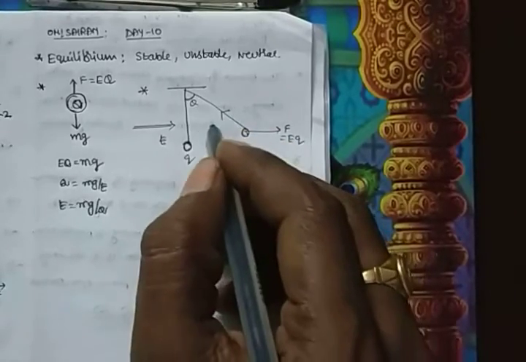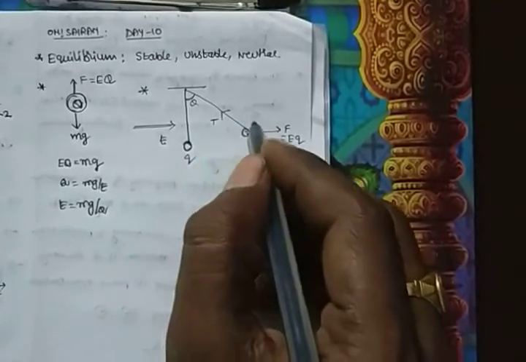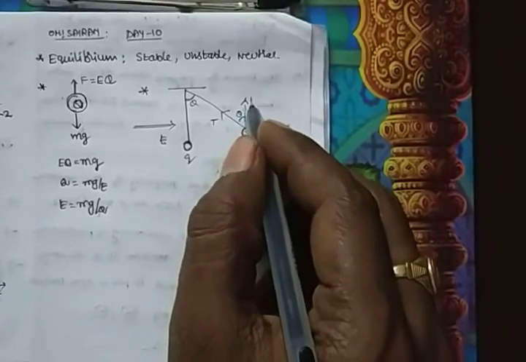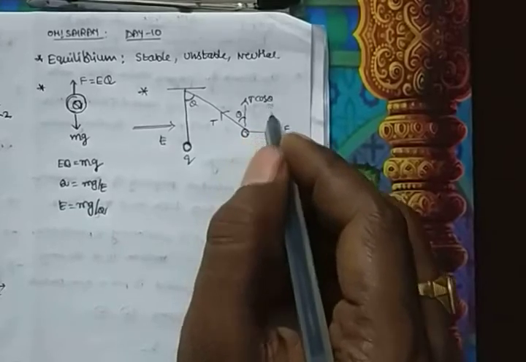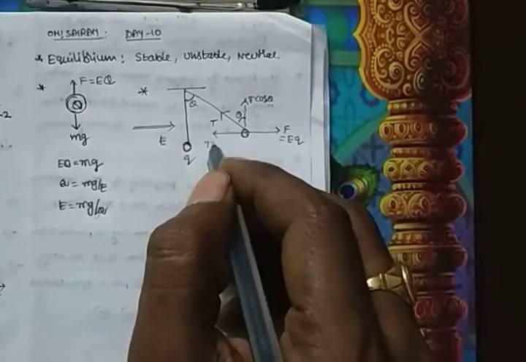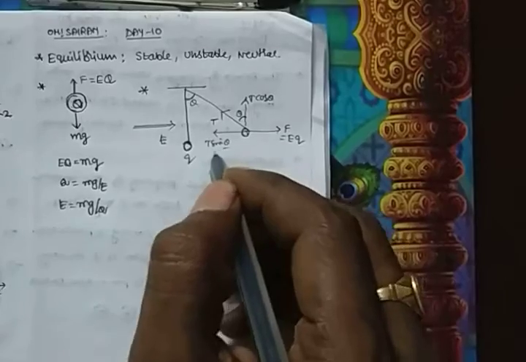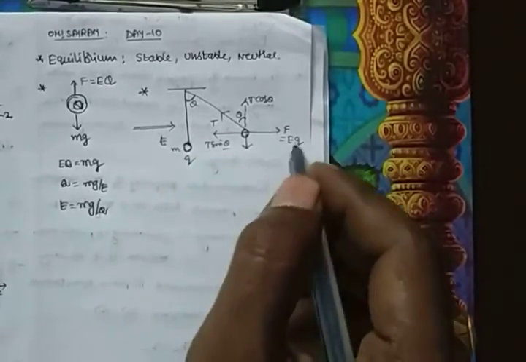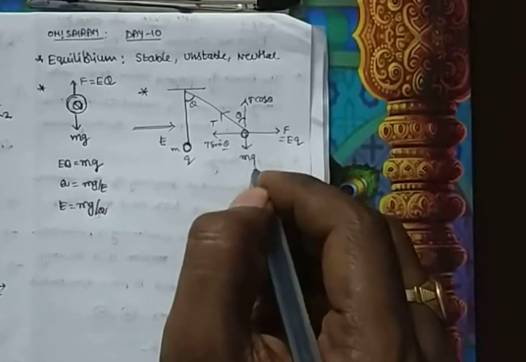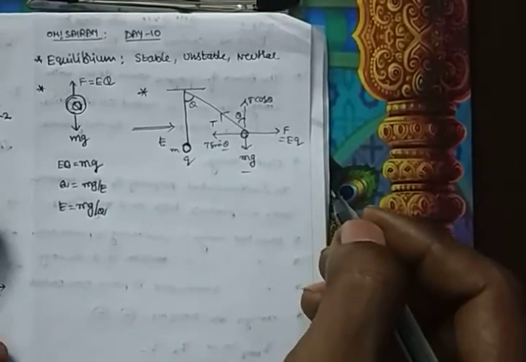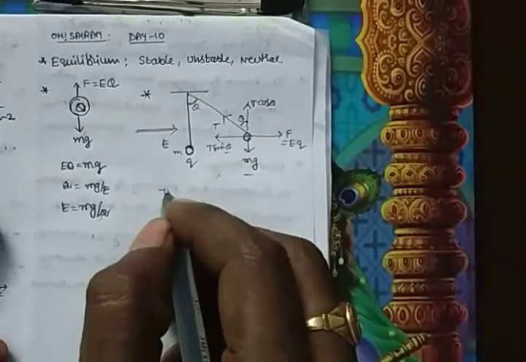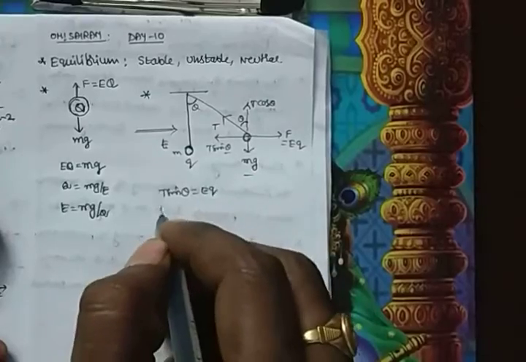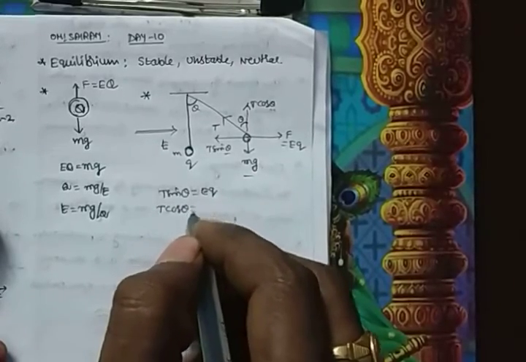The tension is divided into two components: T cos theta and T sin theta. The weight of the body, if mass is m, is mg acting vertically downwards. Then T sin theta is balanced by EQ, and T cos theta is balanced by mg.